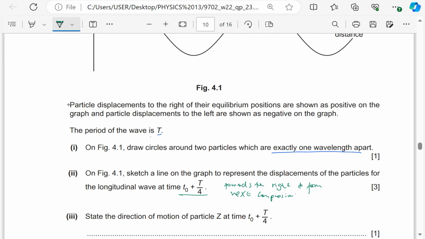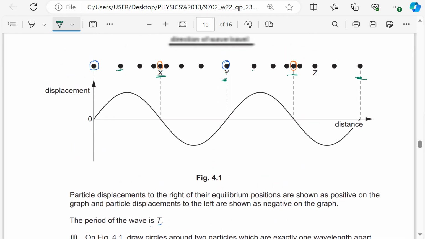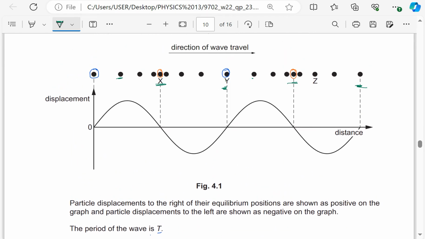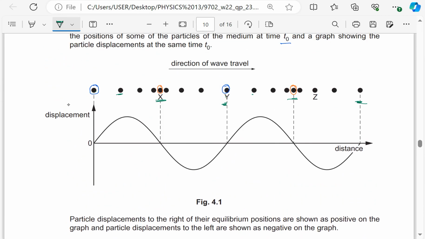To form the next compression. And if we form the next compression where particles are under maximum pressure, then we must have a graph which is going to be just the mirror image of this.